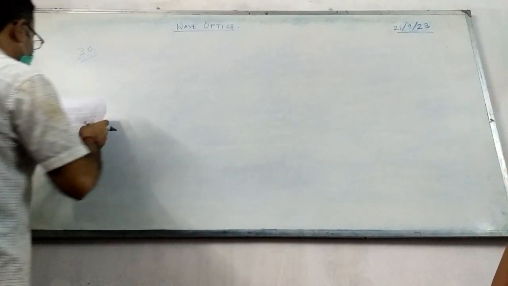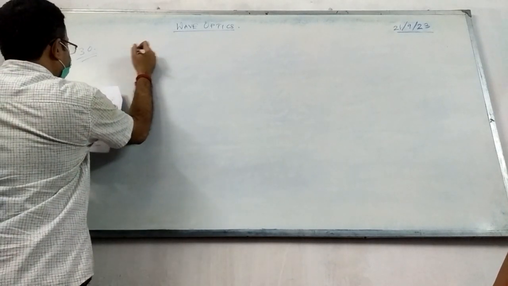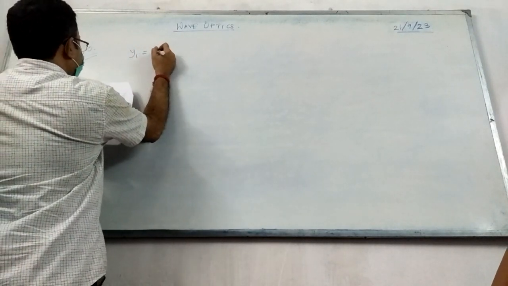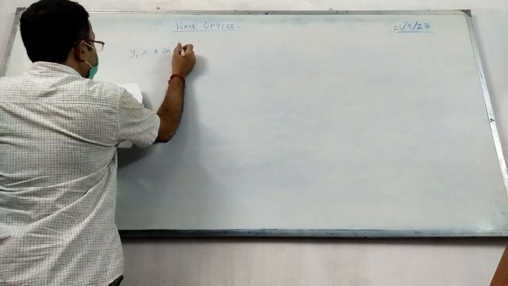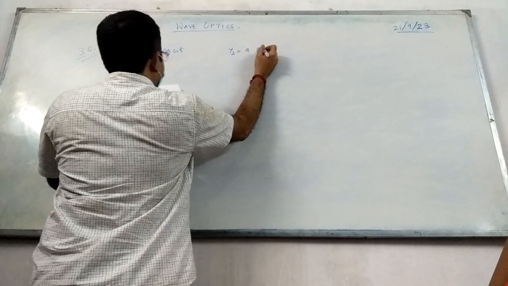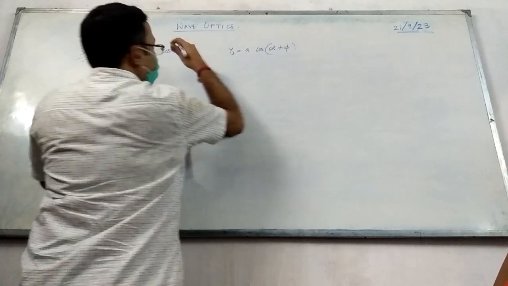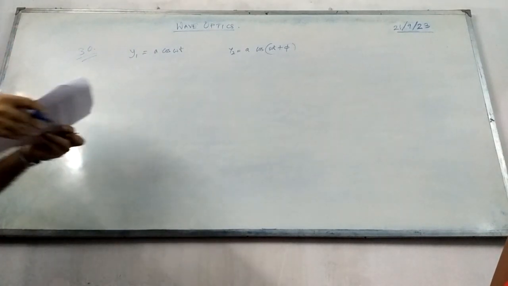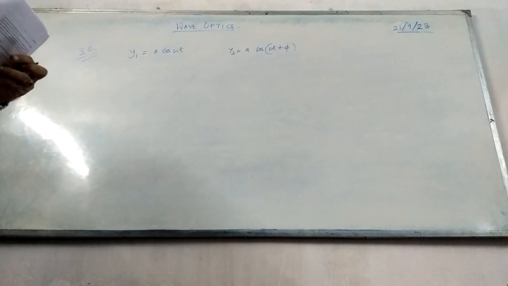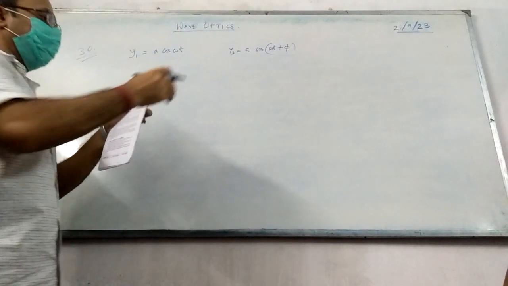Question number 30 में बोला है कि two monochromatic waves emanating from coherent sources. The displacement equations are given as y1 equal to a cos omega t and y2 is given as a cos omega t plus phi. I know omega t minus kx हम लोग पढ़े थे, but अगर सिर्फ omega t रहता है तब भी हम लोग उसको consider कर सकते हैं. Now they are saying phi is the phase difference between both of them.